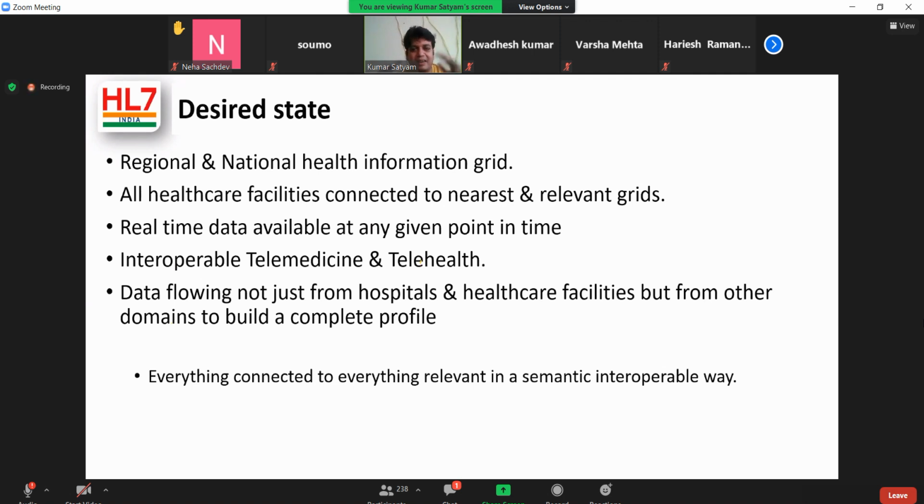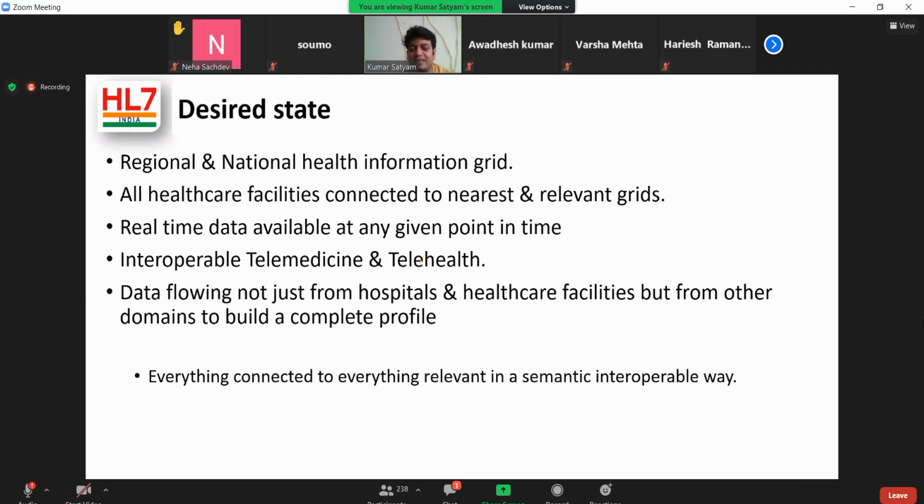You connect everything and just put random data, all the PDF files, all the XML files, all the JSON files in front of a doctor and say that we are interoperable. We are able to exchange data from every place, and what we are seeing here is a pile of data. That is not interoperability, right? That will actually be a data burden, and that will not serve any purpose.